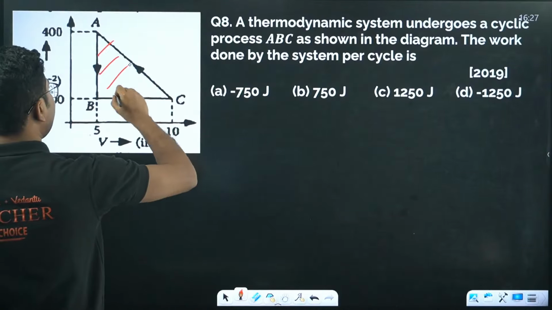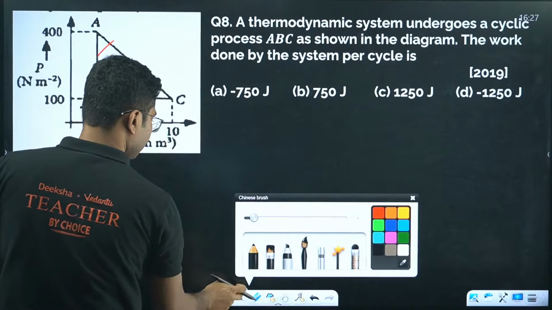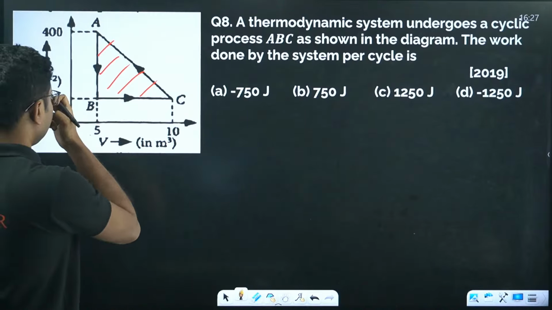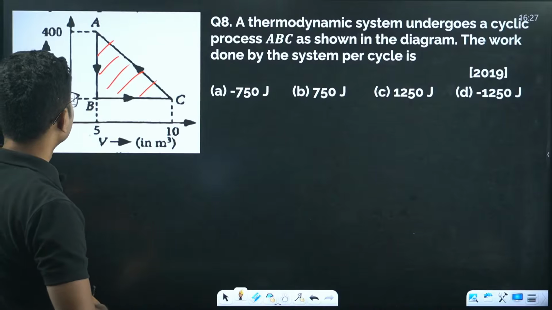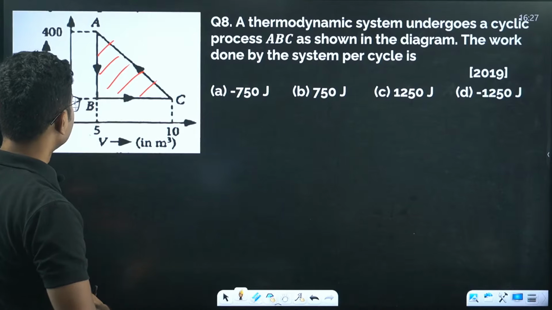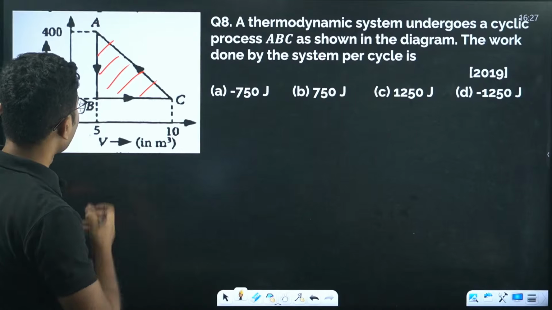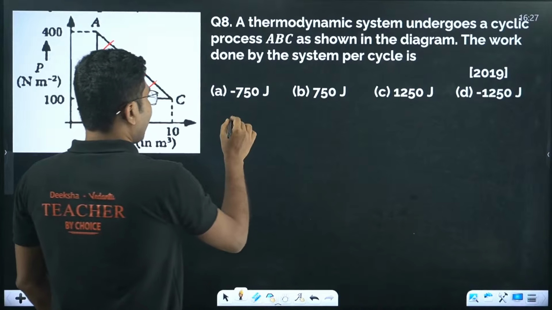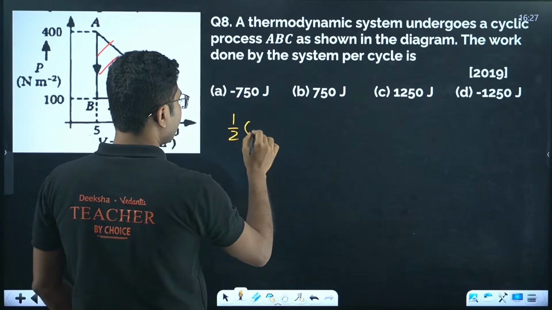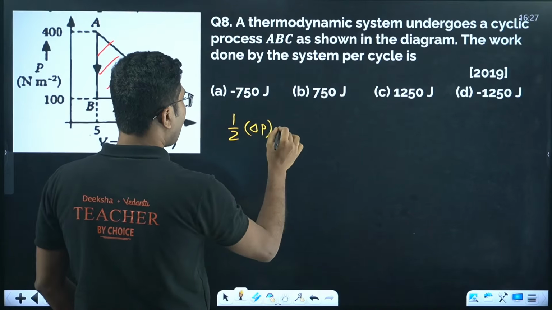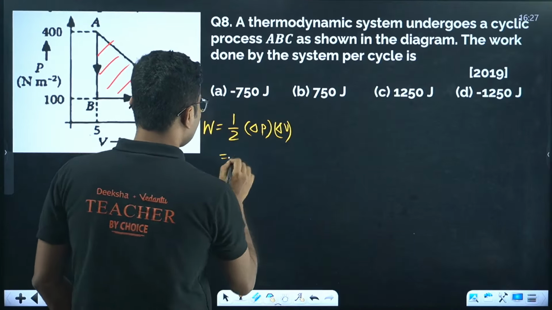So you need to calculate the area under the graph, which is easy. So what is area under the graph? Half into difference in pressure into difference in volume. Very simple. This is the work done in case of a cyclic process.